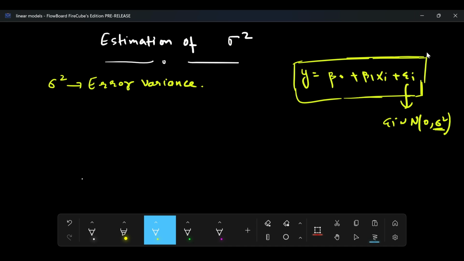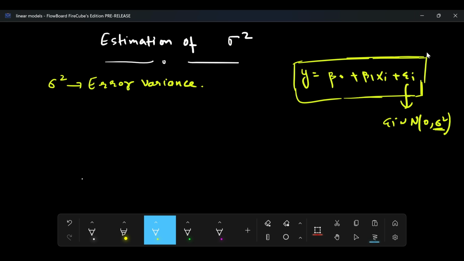In order to obtain the least square estimation of sigma square, we will start with some estimator based on our guess, and the next question is how we are going to make that guess. We have discussed that residuals are the difference between observed and fitted values.